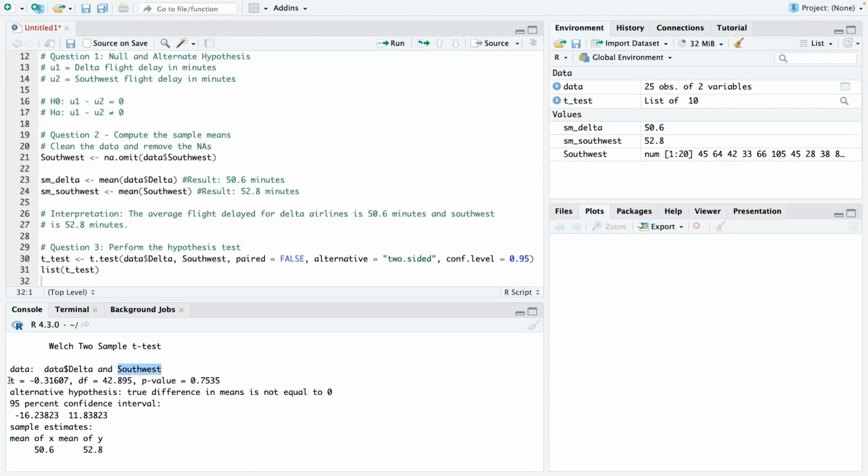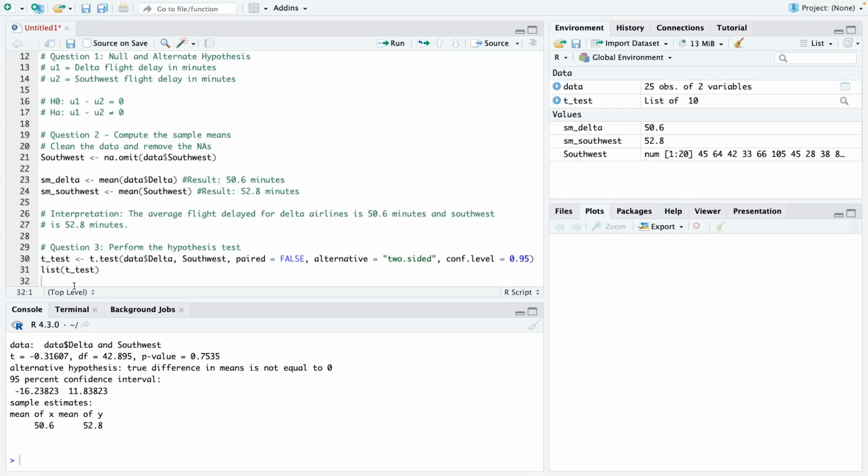Our t statistic value, or t calculated, is a negative number, negative 0.32. And then we have degrees of freedom of 42.9 and a p-value of 0.75. I think the nice thing about the t-test function here is that it automatically calculates the confidence interval, or the interval estimate, so you don't have to do it manually.